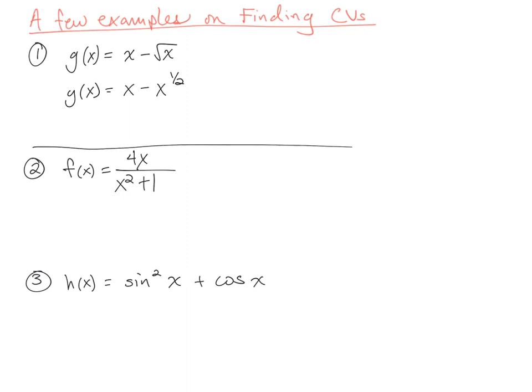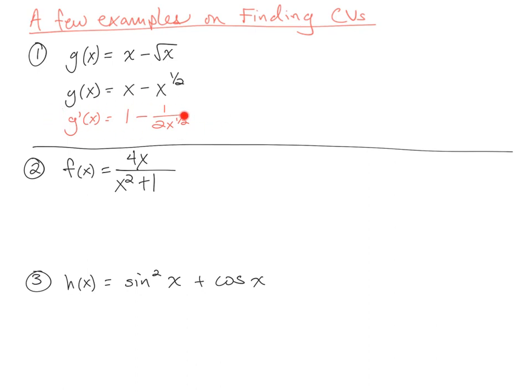Once that happens, we can find the derivative, and I will do that in a different color. So g prime of x is 1 minus 1 over 2 x to the 1/2. Again, that's just by power rule. So now, once we find the derivative, I ask the question, is this derivative undefined anywhere?